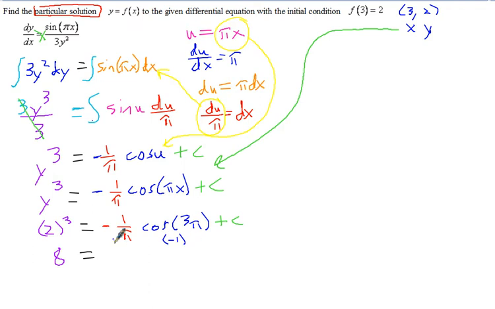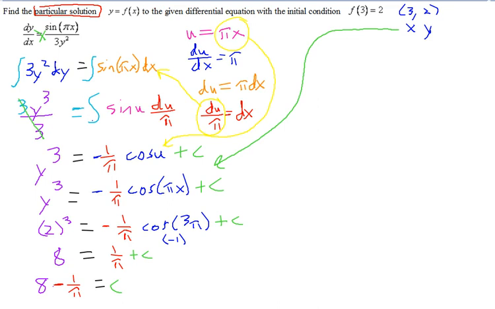So that's a negative 1 times negative 1 over pi, which just gives you positive 1 over pi, plus c. So then you just subtract that over. So c would equal 8 minus 1 over pi.